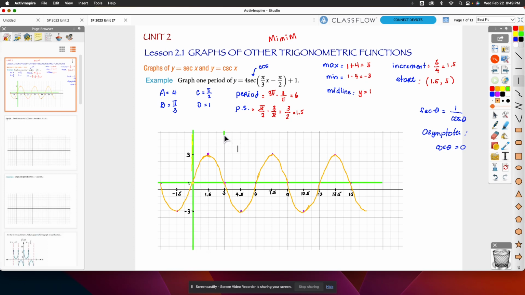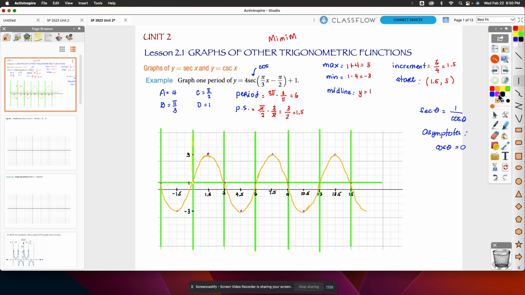And then we have another asymptote right here. So just whenever the graph crosses the midline. I'm sorry that I'm using the same color as the midline and the asymptote. But this is where the asymptotes are, and this would be the guide when we graph our secant.